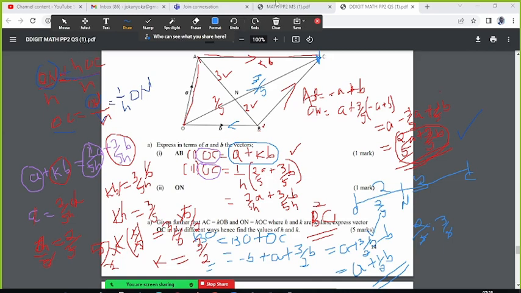But now the ratio we want is how C divides ON.